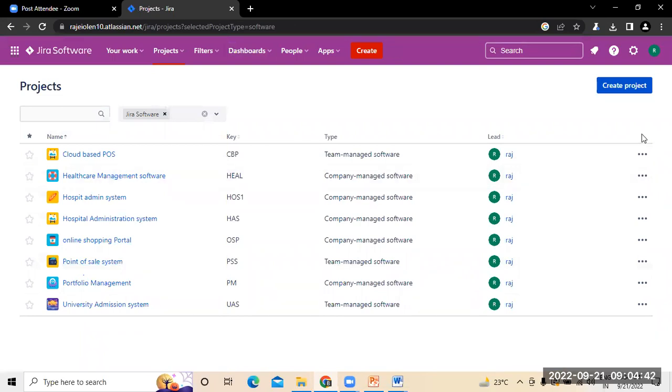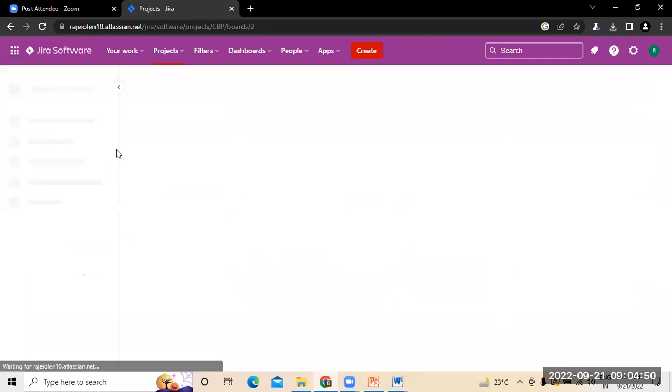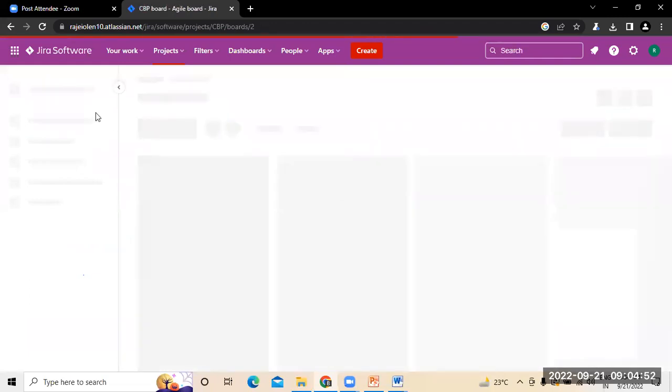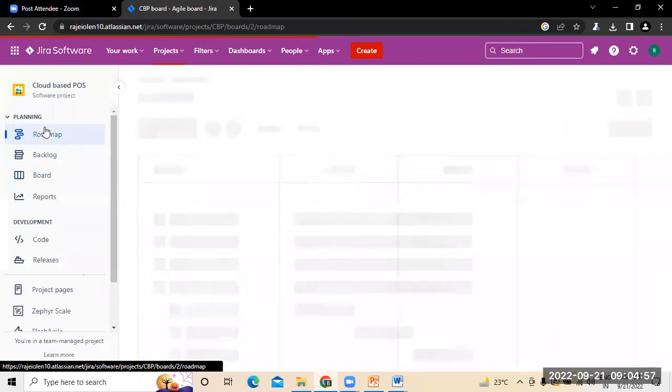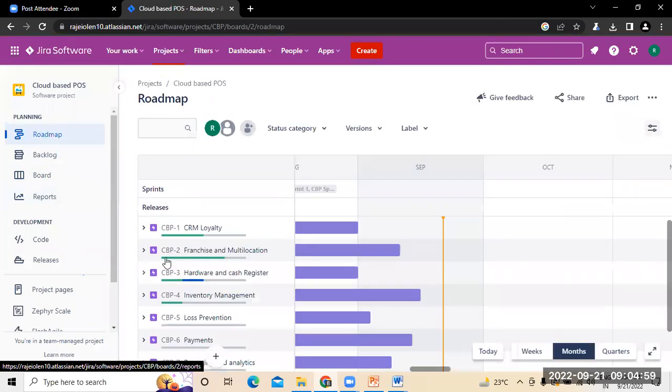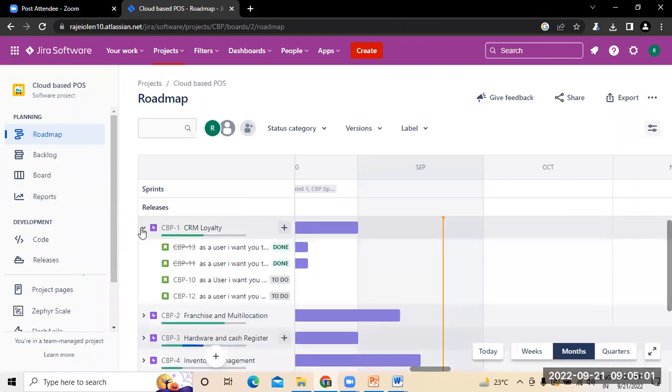Let us not go into that. I will show you how to create a project and how to write. Yeah, this is Jira. This is how generally the requirements are written here. Being a product owner, first of all, you have to create a roadmap. In this roadmap, you write down the epics, followed by the user stories.